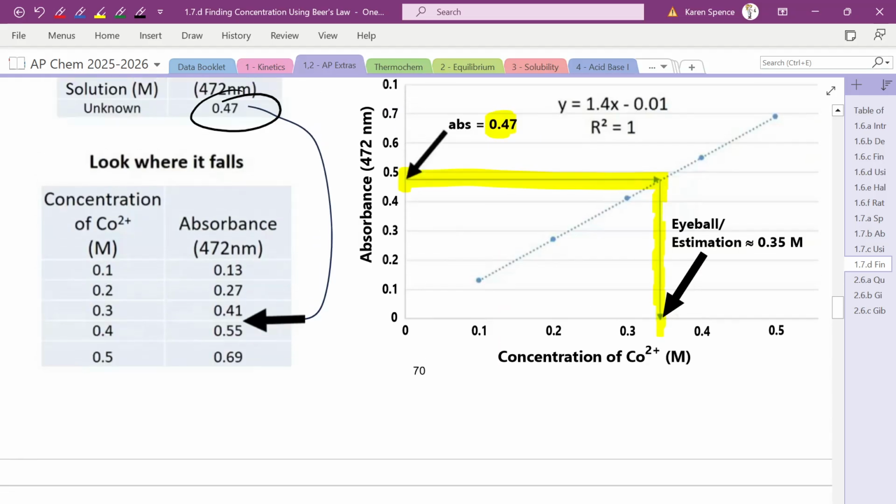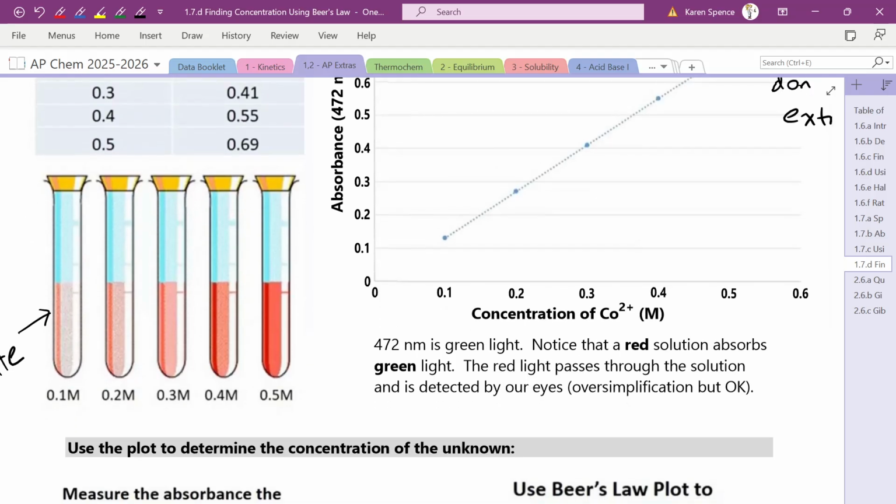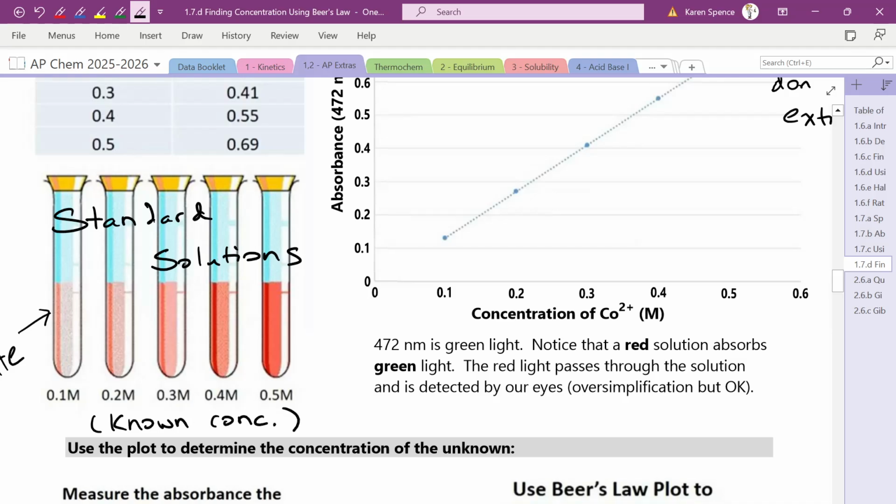If you go back and look, these are our standard solutions, and we got 5 of them.